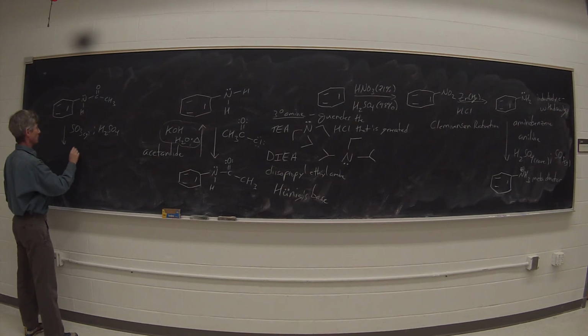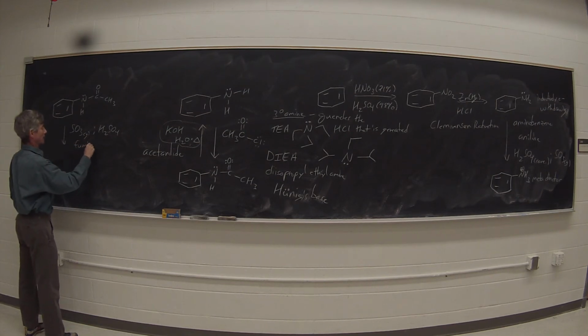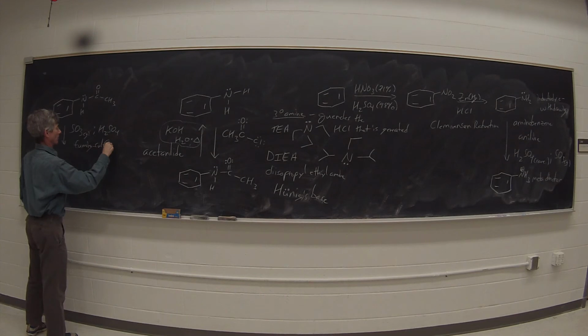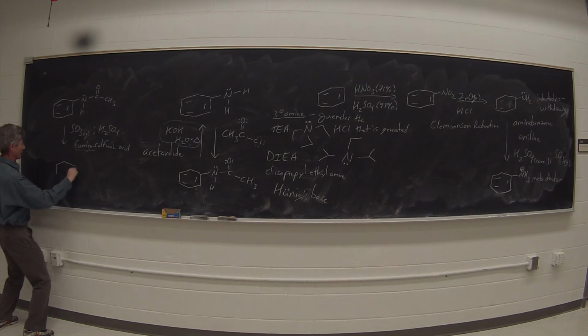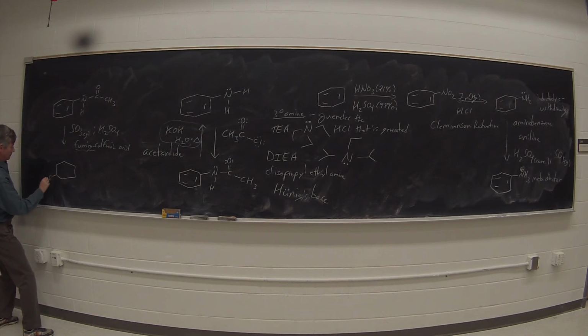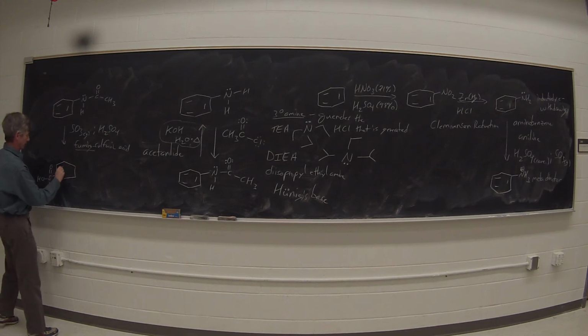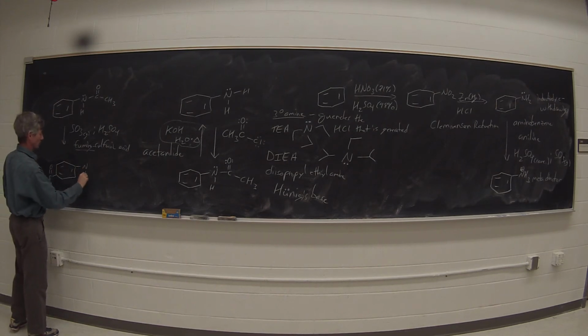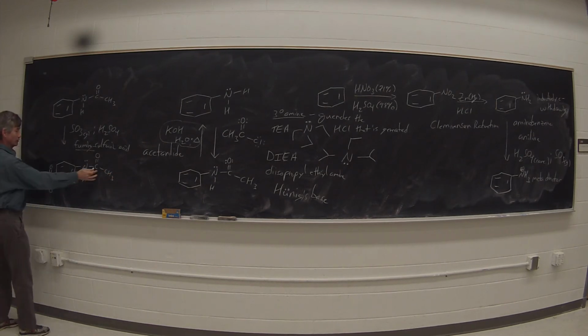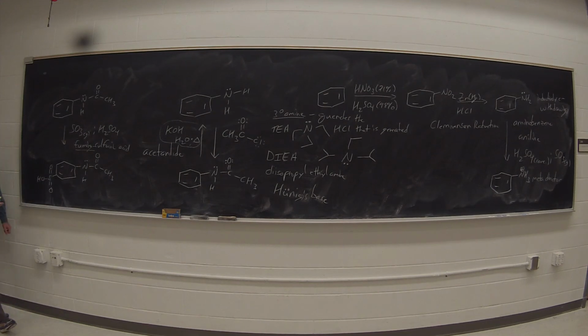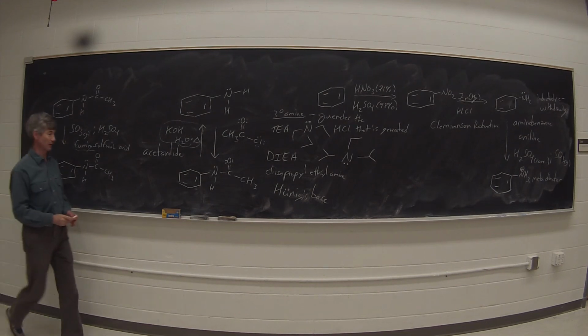This is what we call fuming sulfuric acid. Because there's always some SO3 gas escaping from solution, that will put a sulfonic acid group here in the para position, and thus protect that para position from reacting in ways that we don't want it to. So we now have a protecting group on the nitrogen, and we have a protecting group at the 4 position on the benzene ring.